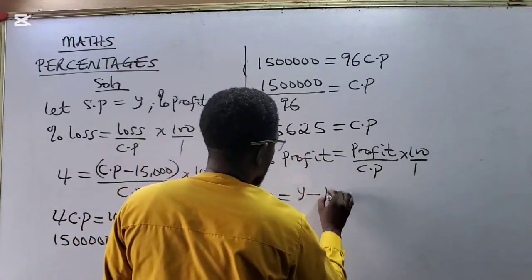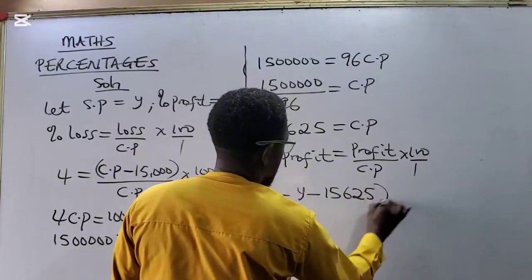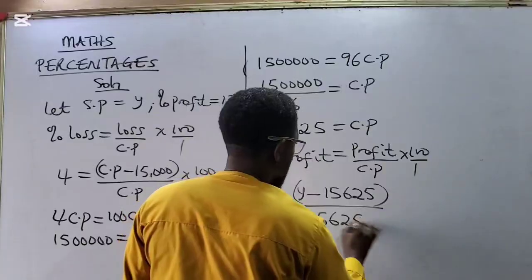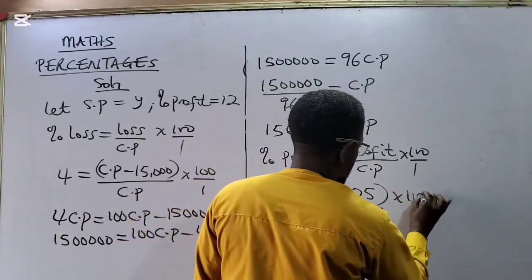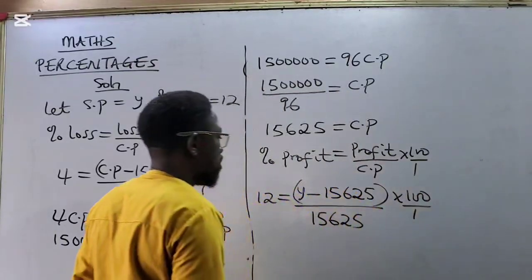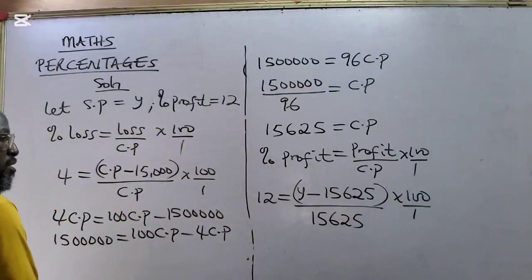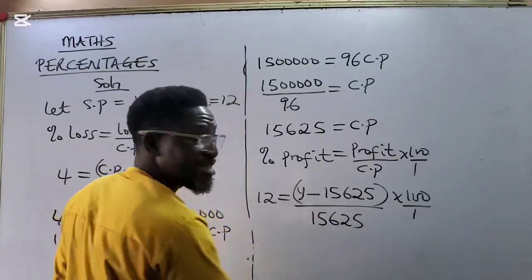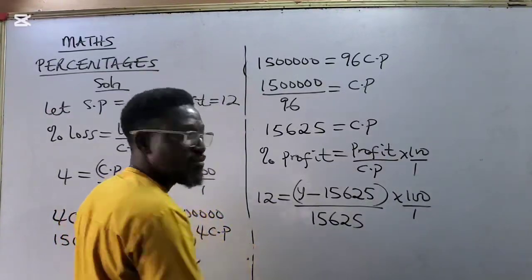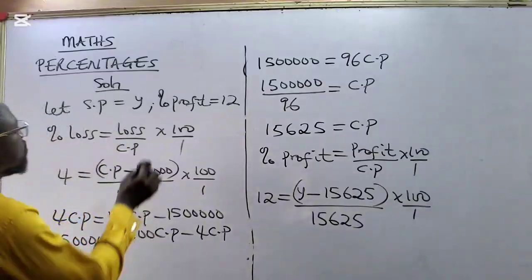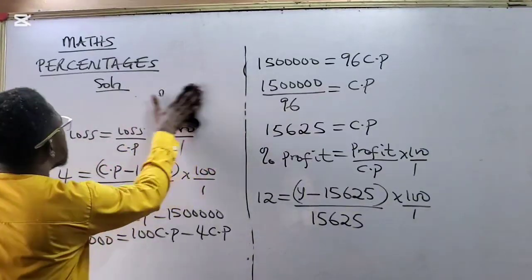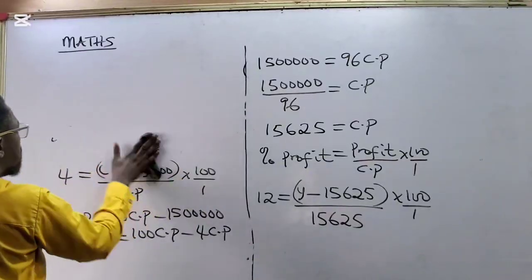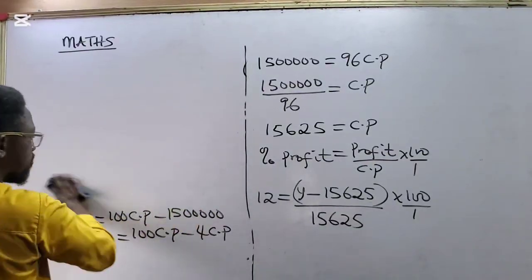The cost price is 15,625, all over the cost price, 15,625, times 100 over 1. Now cross multiply.